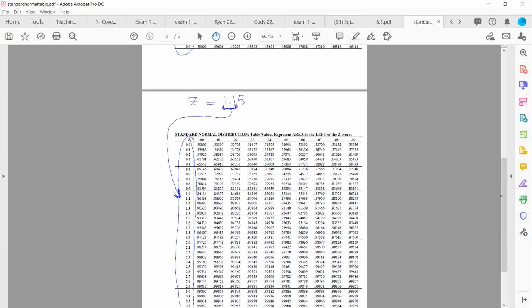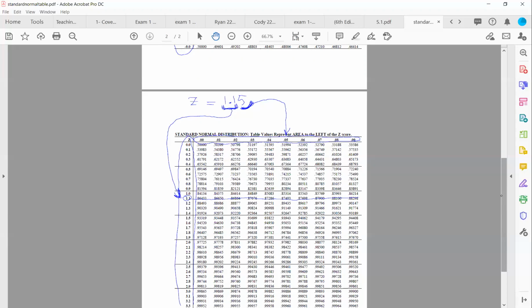I found 1.1. It means that I'm working with this row. What about 5? 5 is the second digit after your decimal place. It's a number on the top row.